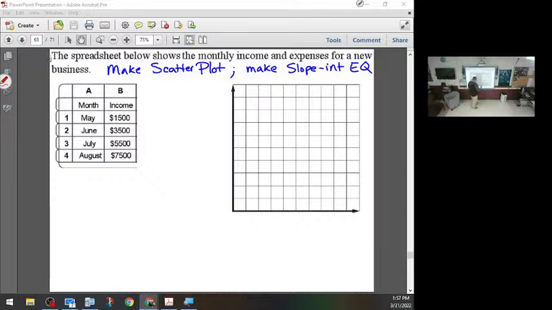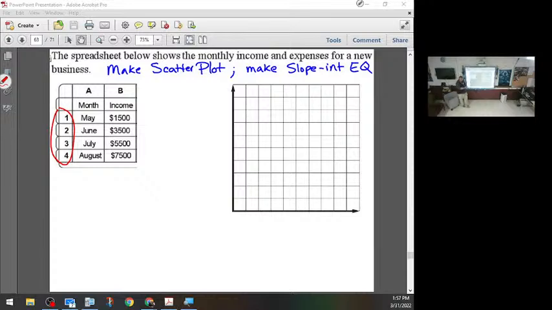What I really need to do, though, is be careful about my label. I can label my x-axis just month and write May, June, July, August, but then there's no numbers for an equation. So I can use these numbers right here and say X is the number of months the store's been open.